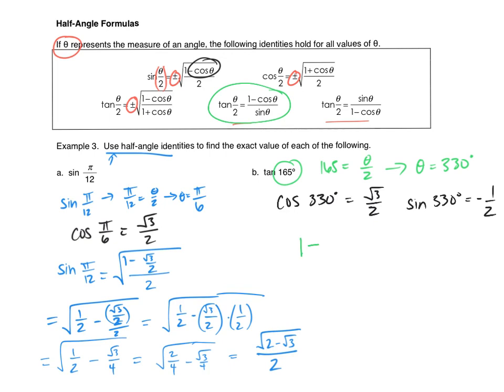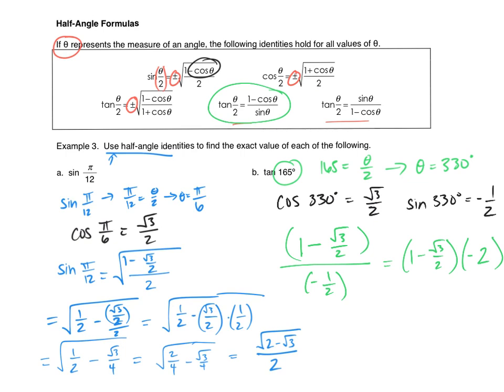So 1 minus our cosine of theta, which is root 3 over 2, and that is the numerator. The denominator is sine of theta, so negative 1/2. So this becomes 1 minus root 3 over 2 times negative 2. Thank goodness for multiplying by the inverse of a fraction.